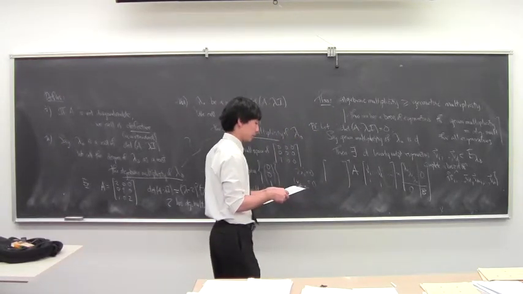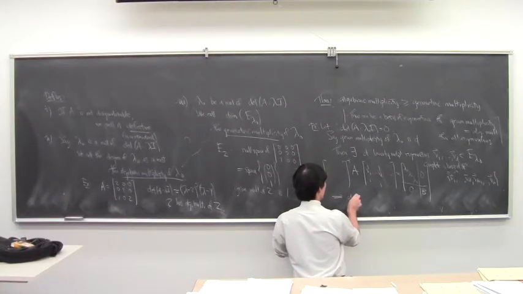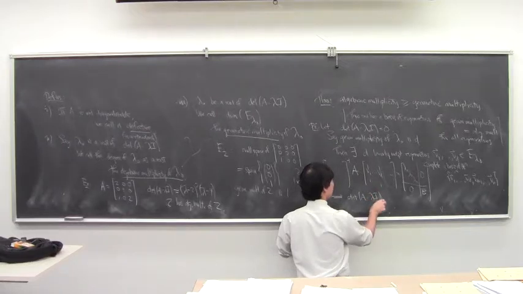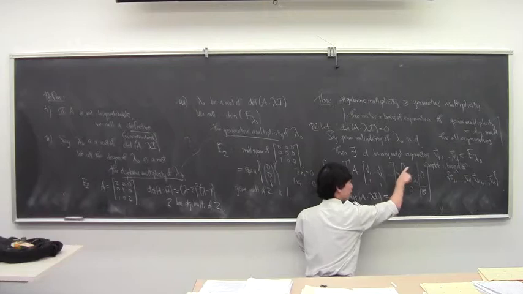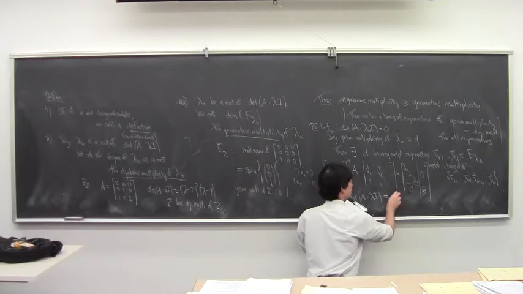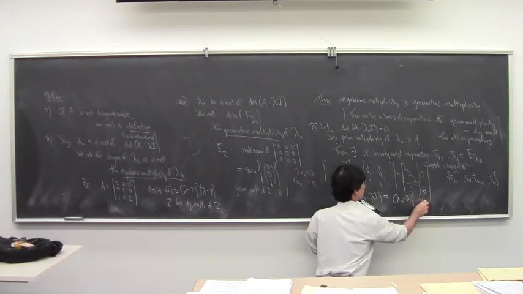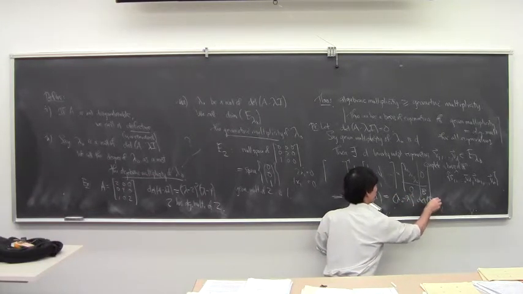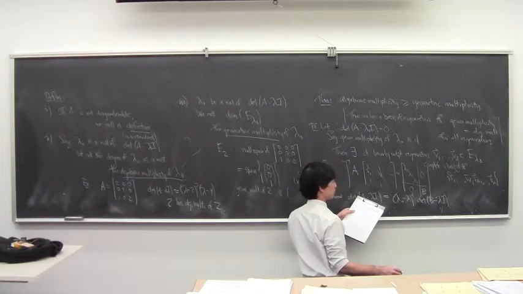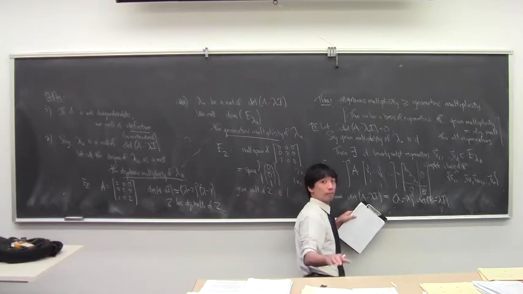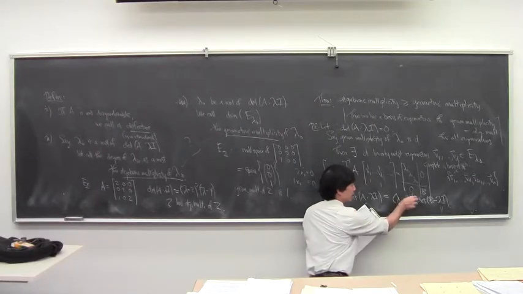But that tells you that the determinant of A minus lambda I is going to be the same as the determinant of this thing minus lambda I, which is lambda naught minus lambda to the d times the determinant of B minus lambda I. Okay, and so what does that tell you?